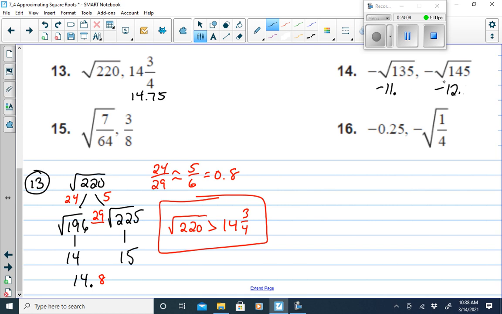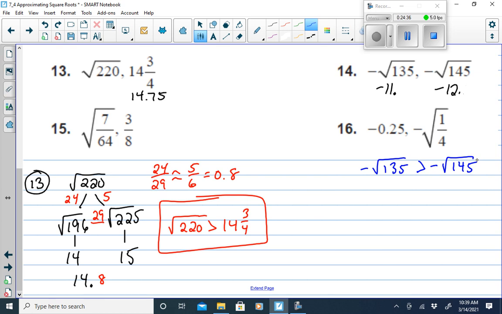Now when we're comparing, the more negative something is, the less that something is. The more negative, the less it is, which would mean that the opposite of the square root of 135 is going to be greater than the opposite of the square root of 145. Just using a little number sense for problem 14. Okay?